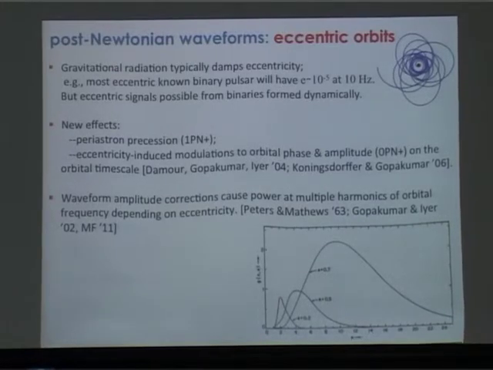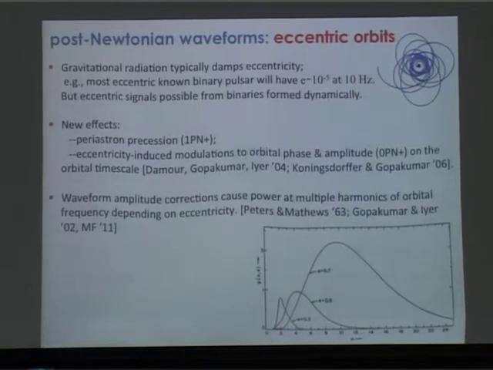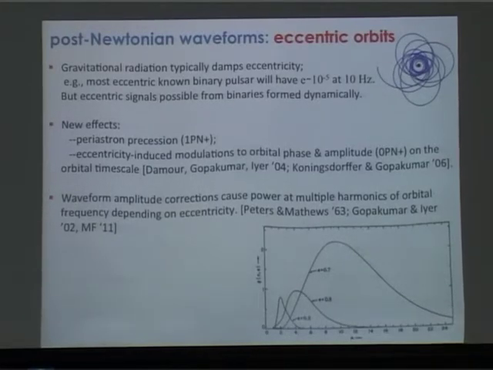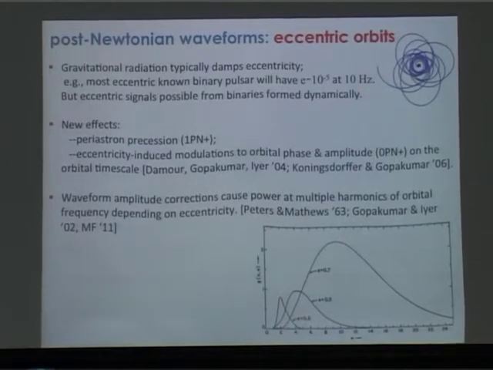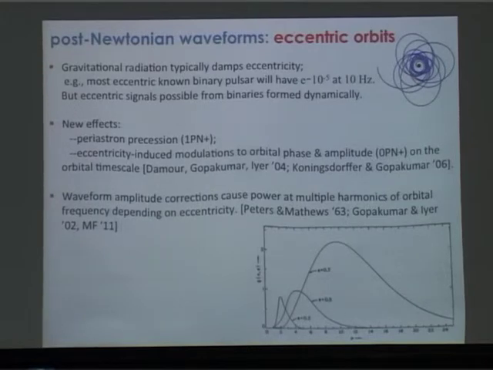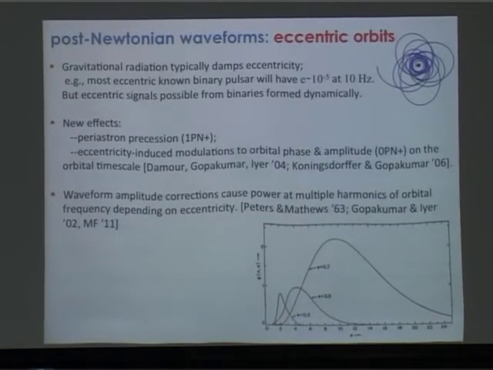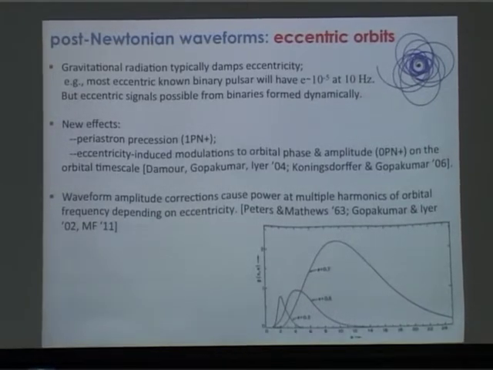A very highly eccentric binary is going to have a gravitational wave with its strongest peak in the Fourier domain at a frequency that is many times the orbital frequency. So you have this additional structure to the harmonics of your signal. And in addition, you have post-Newtonian corrections on top of these various harmonics.